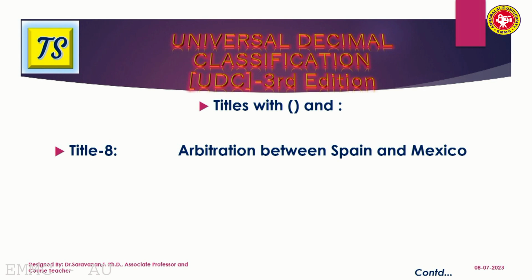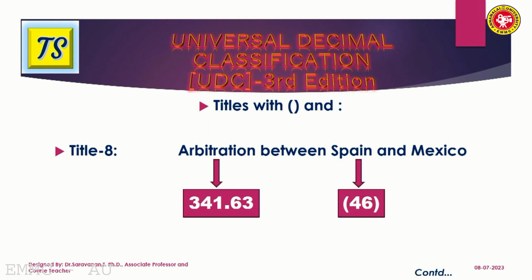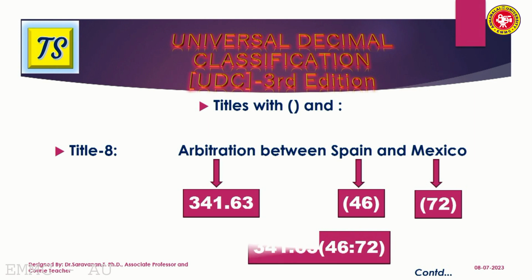Title 8: Arbitration between Spain and Mexico. The parentheses and colon signs have been used here. The number for arbitration is 341.63. The number for Spain is 46 and Mexico is 72. Let us see the final number: 341.63 within brackets.